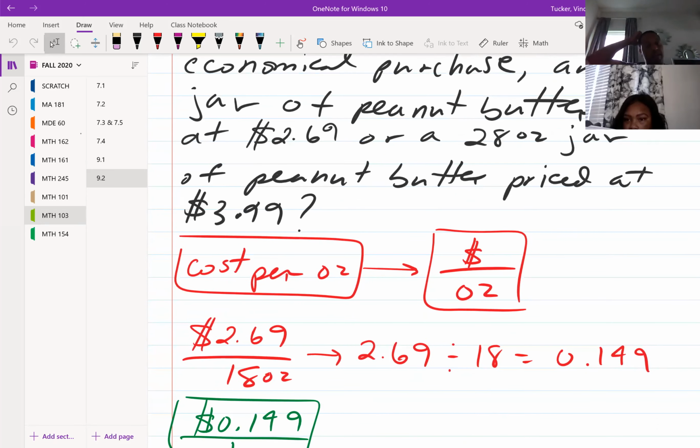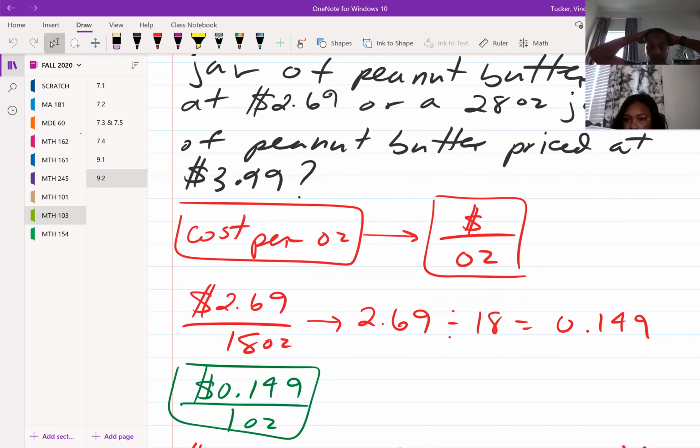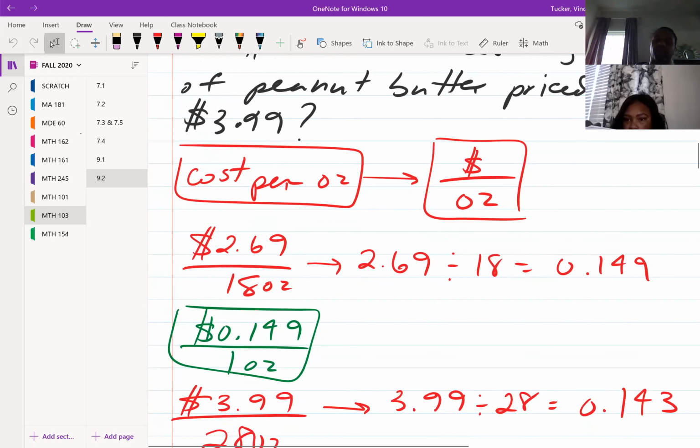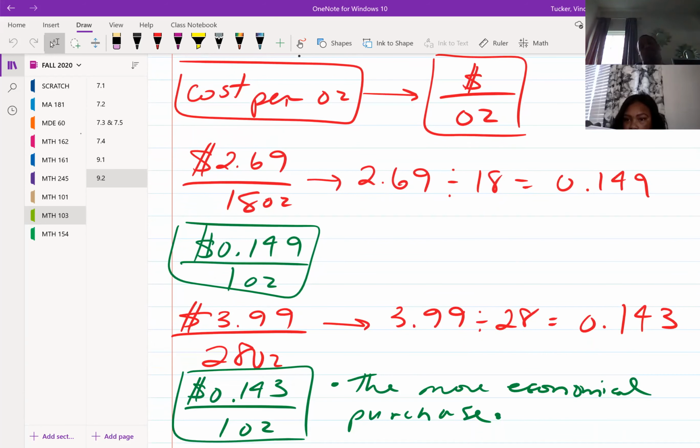So I take that 269, place it over 18 ounces. And if I want to know how much per ounce, I divide 18 into 269, and that gives me 0.149. So it's $0.149 for every 1 ounce that you're paying. Do the same for the next relationship. $3.99 divided by 28.